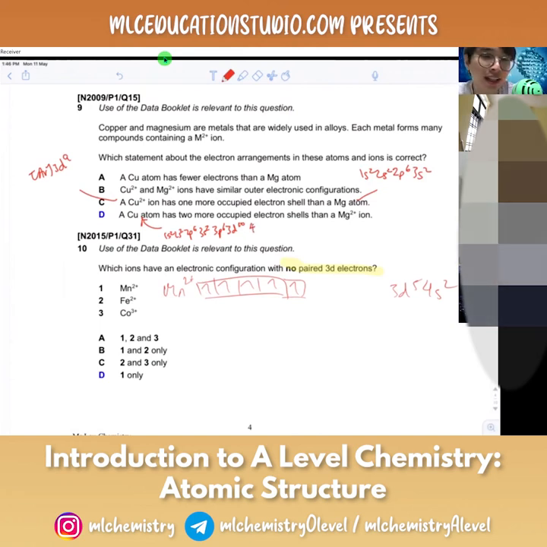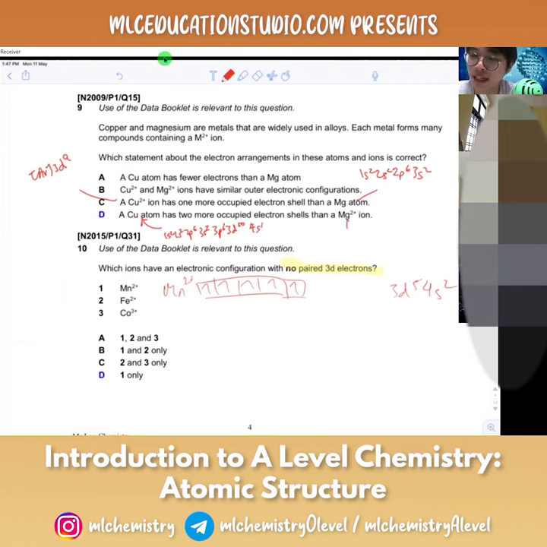No. Stop anyhow giving me configuration. 4s1. You sure or not? Don't anyhow give one number, because electrons come down from 4s.